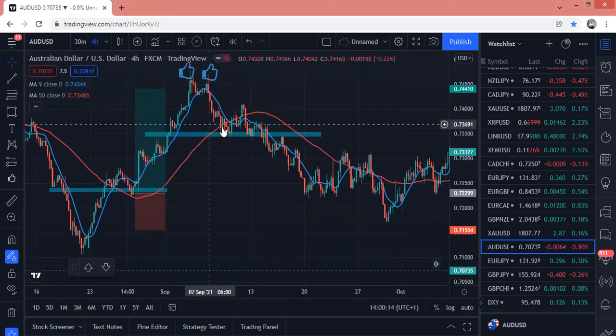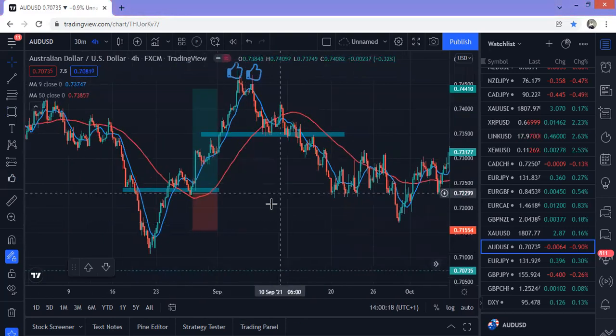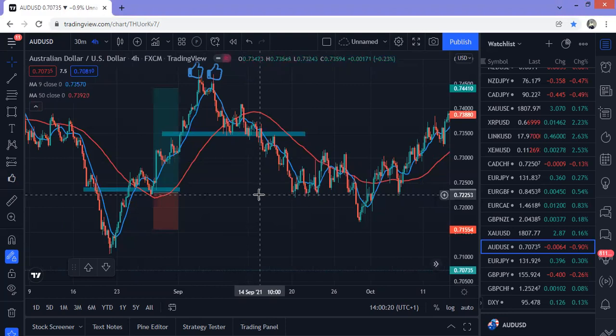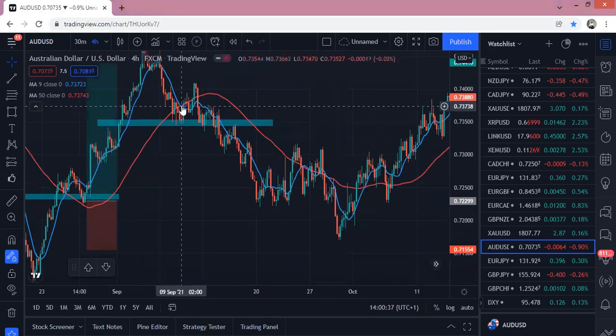So again, remember, just because it crosses doesn't mean I'm jumping in, which is a big mistake or error most persons make when using these tools. These tools are only better when you merge it with structure, right? When you just jump on every cross, all right? So right here we had a cross.